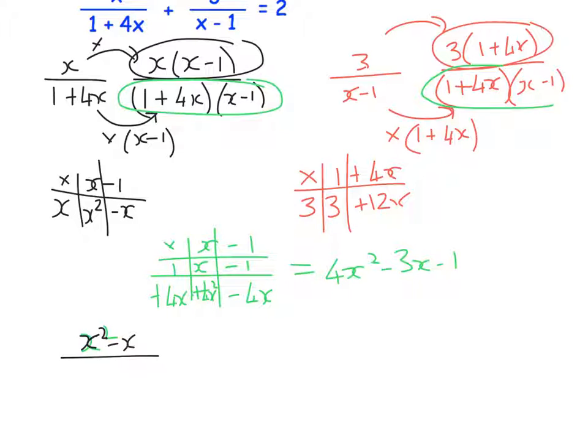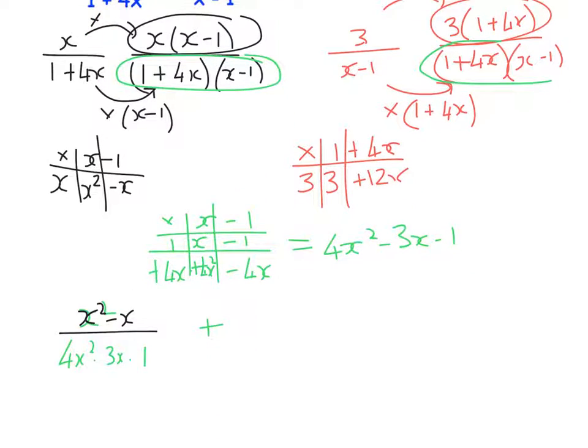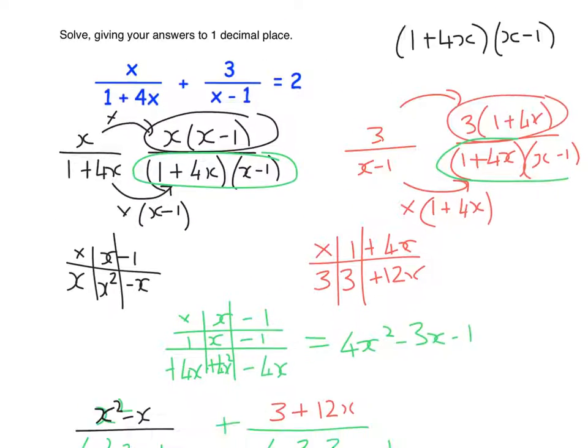So the bottom is going to be 4x squared, take away 3x, minus 1. And then that's adding, let's just check in the question, yep, it was adding. Adding 3 plus 12x, again all over 4x squared minus 3x minus 1. And if I check back in the question, that's all equal to 2.